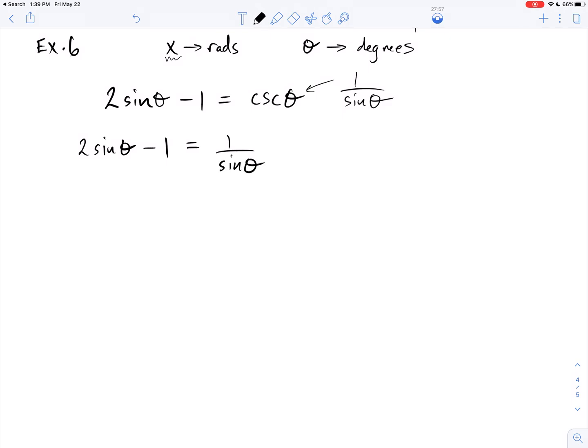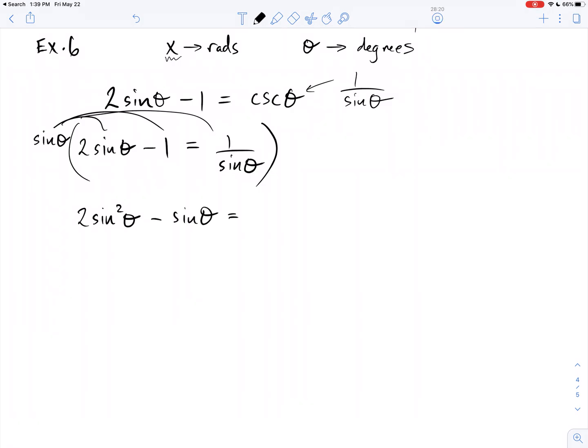And then I'm going to say, oh man, I got a fraction in my problem. I don't like fractions. Well, I can bust it. This is an equation, so I can multiply everything by sine theta. And if I do that, I'm going to end up with 2 sine squared theta minus sine theta equals 1, because it's going to cancel.